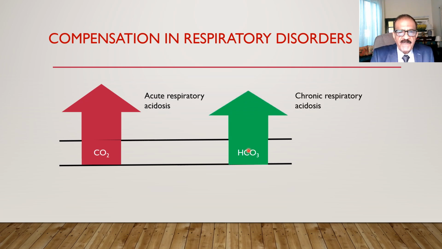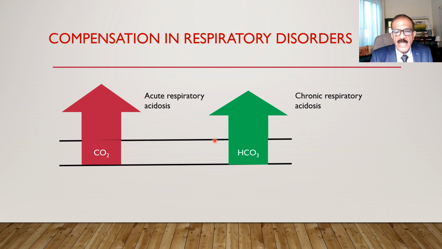Second example is chronic. If time passes, due to chronic carbon dioxide retention, there will be retention of bicarb also. So bicarb level will also increase. So because of increased bicarb, you know now that this is chronic respiratory acidosis. Now I have tried to draw this arrow a little shorter, just to say that it has partly corrected the primary abnormality, but it still is acidotic.